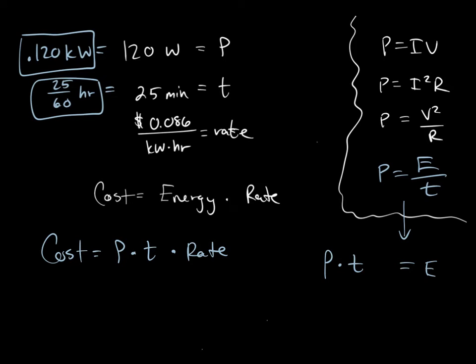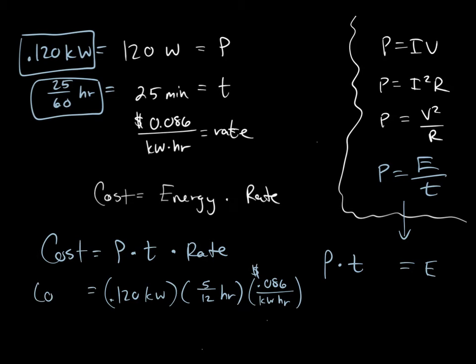Take a look. We got power first, 0.120 kilowatts, times time, which is 5/12 of an hour, times the rate, which is $0.086 per kilowatt hour. Why do the units make sense now? Who can explain what I'm saying? What am I getting at? Ernest, what am I getting at?